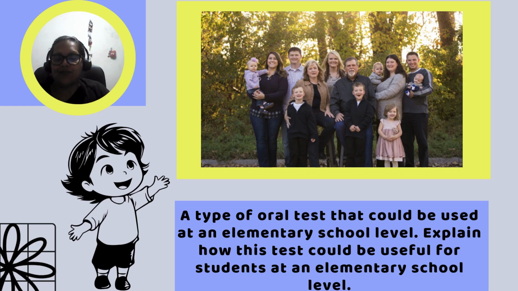So I think using pictures about something is a flexible and engaging way to check not just the vocabulary, but sentence structure and oral fluency, all through a task that feels natural and fun for young learners.